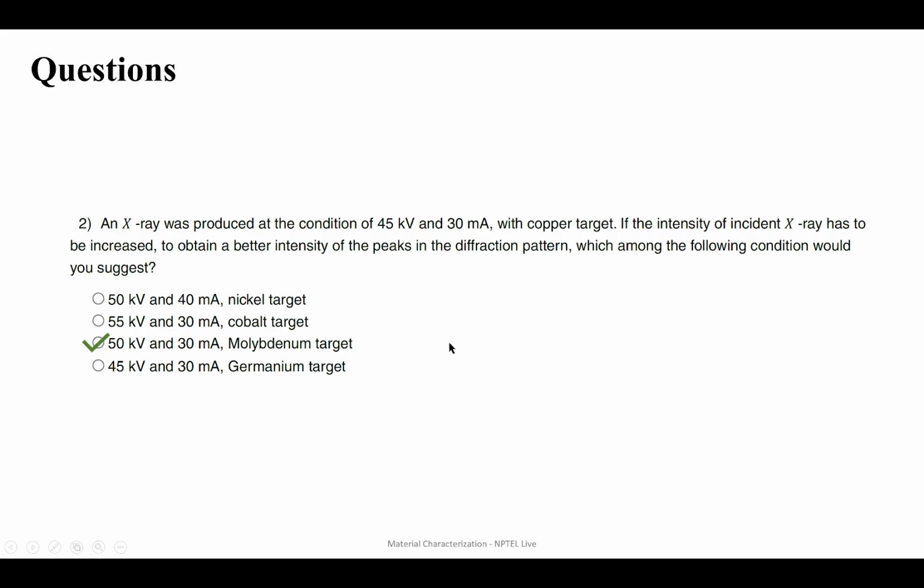C will give you maximum intensity, but that formula is applicable for continuous wavelength. That is Bremsstrahlung.